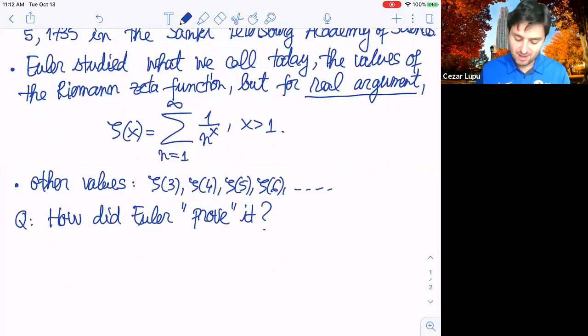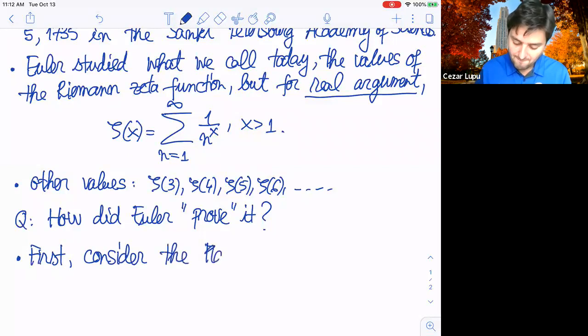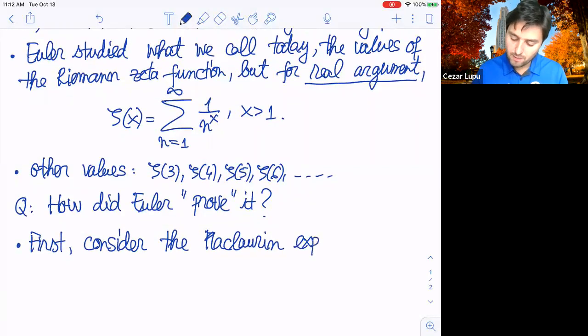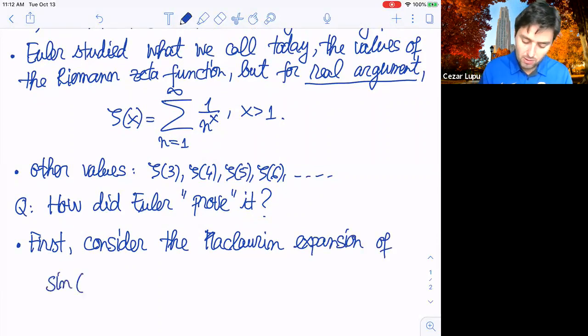The first thing that he did is to consider the following Maclaurin expansion of sine, but I'm going to consider it in this way.